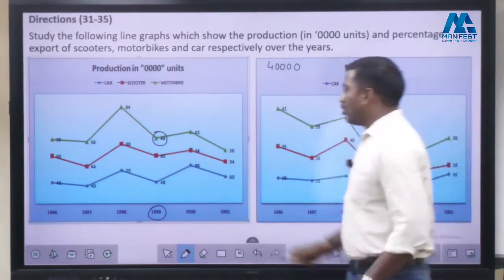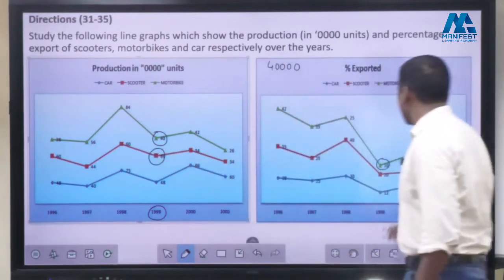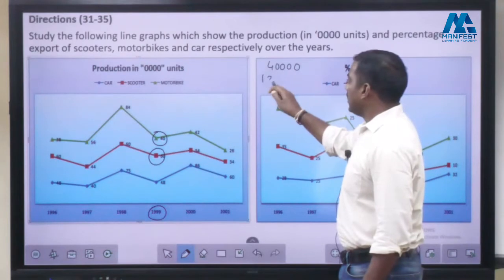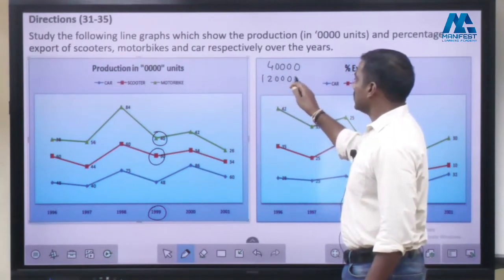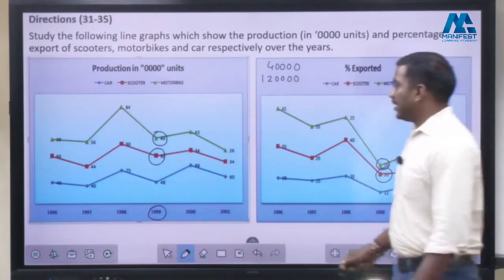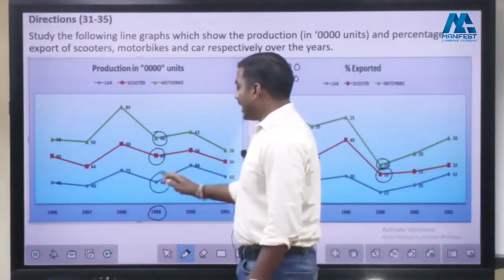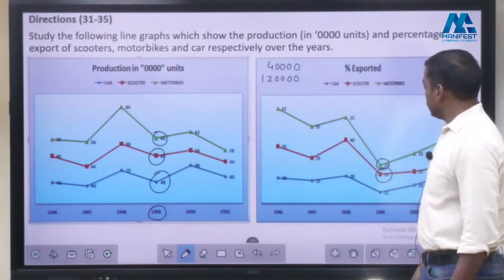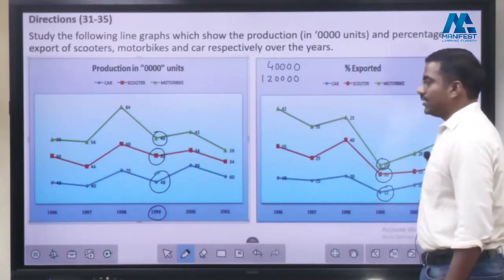Similarly, out of 6 lakhs, 20% are exported. So 1,20,000 are exported. Are you getting the sense or not? Then out of 4,80,000 units of cars, 12% are exported.